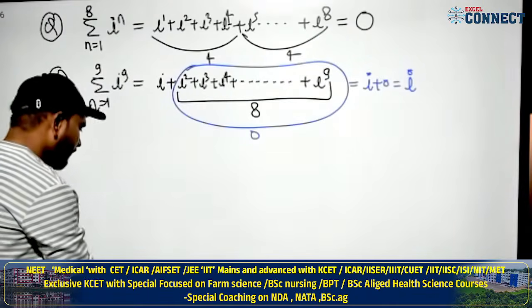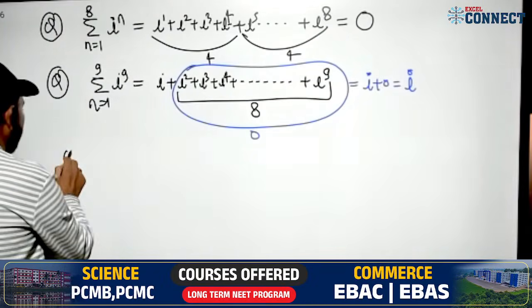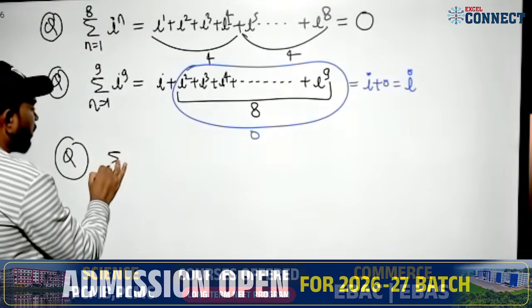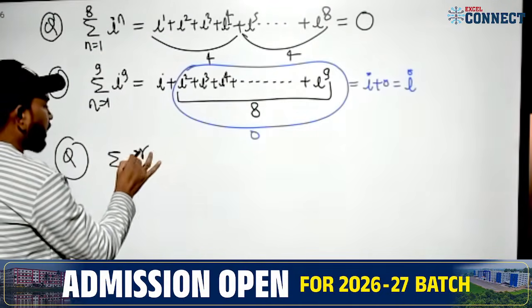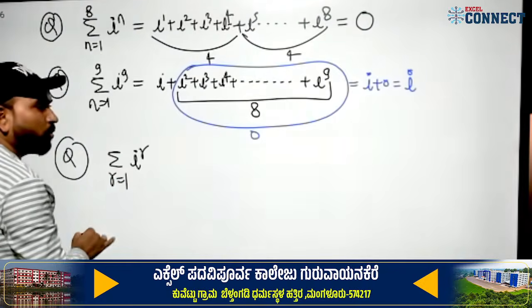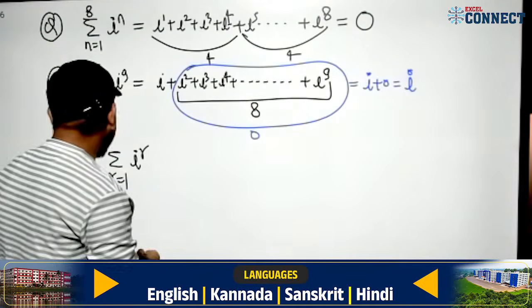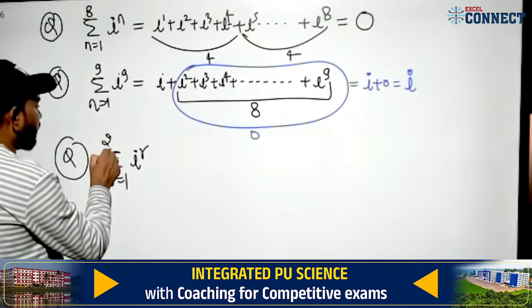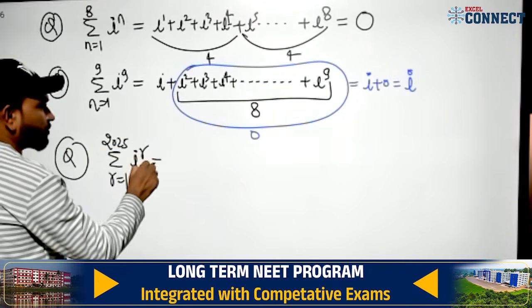Now if I ask a different question, solve this. The question is interesting now: summation of iota to the power r, r equal to 1 to 2025.